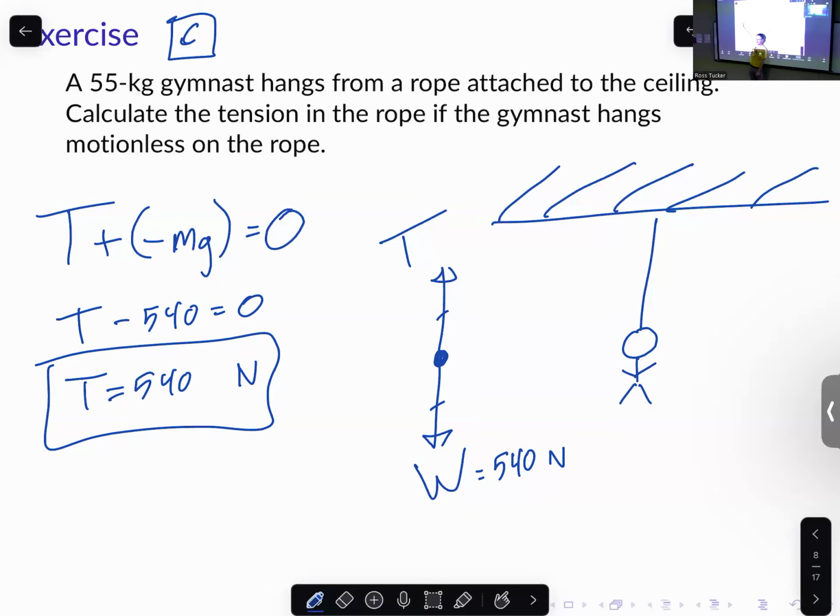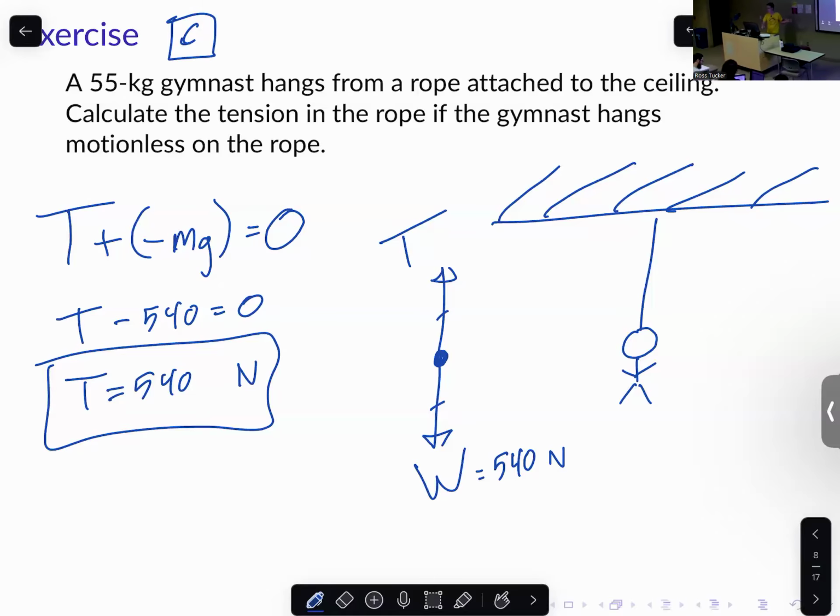Here are the forces that add up. I made sure to include direction, by the way. Direction on downward or leftward or whatever forces. And then I can apply a model. The model of weight force is negative mg. Plug in, solve, bang. Tension force in the rope is 540 newtons.